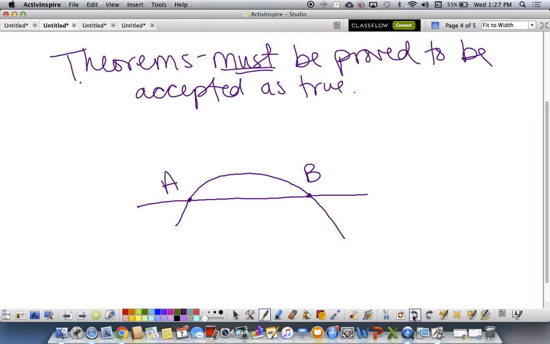I just made 2 lines intersect at 2 points, right? Are they both lines? Are all 3 of these lines? What is the definition of a line? What are the first definitions we wrote down? Points, lines, and planes.